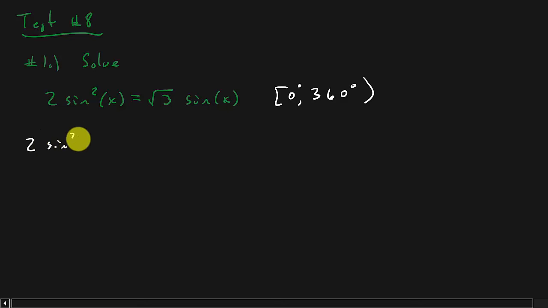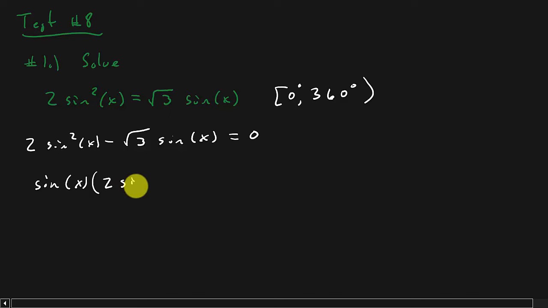So 2 sine squared x minus square root of 3 sine x equals 0. And so I'm going to factor out a sine. So sine x times 2 sine x minus square root of 3 equals 0.